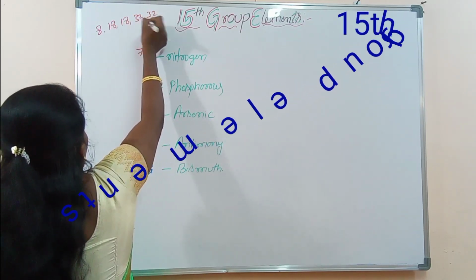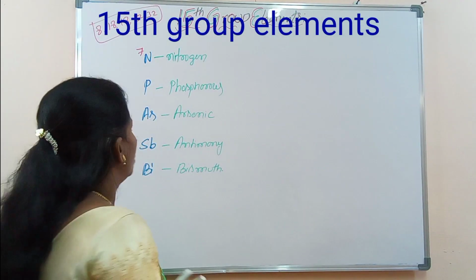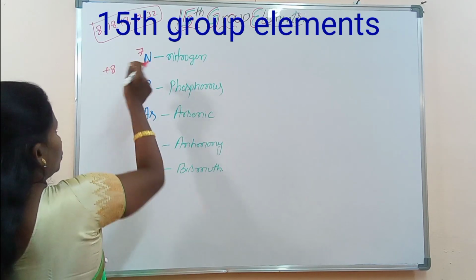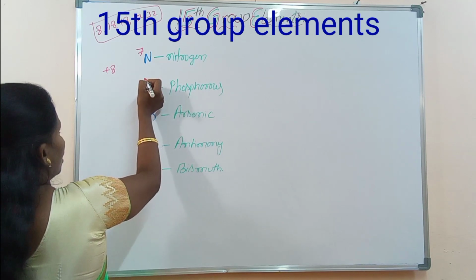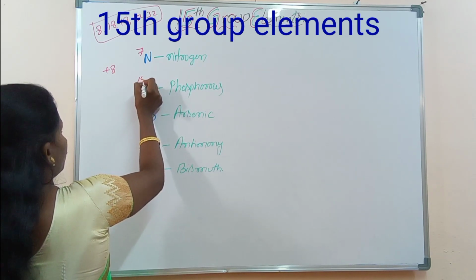It means you need to add 8 to the second period element, and you will get the third period element's atomic number. 8 plus 7, that is 15.